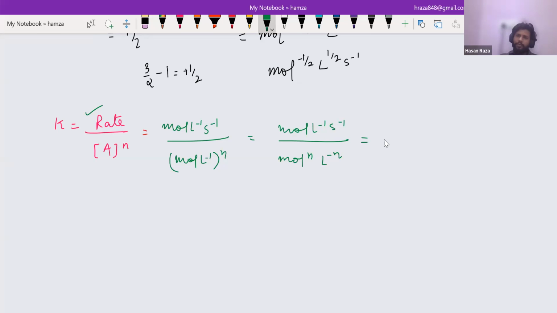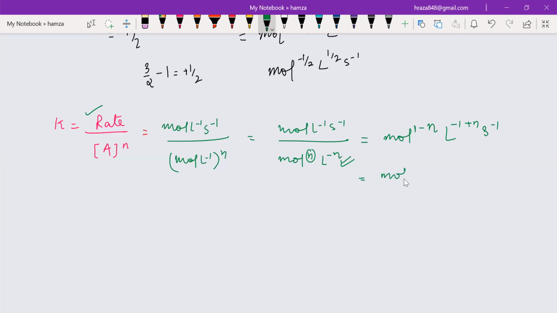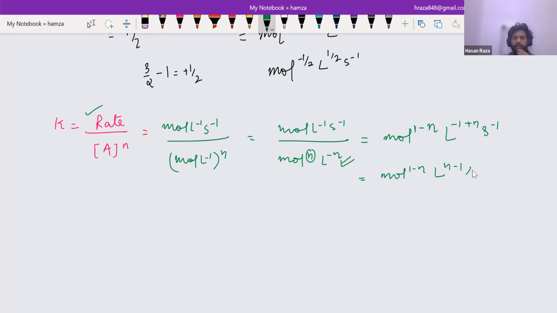Now again, solving the equation, I'm going to simplify it. When it moves to the numerator, there will be a negative sign, and there is a negative already, so negative will be positive. Are you getting this? Yes, yes, sir. So it will be mole raised to the power 1 minus n, liter raised to the power n minus 1, and per second is the unit of rate constant for nth order.